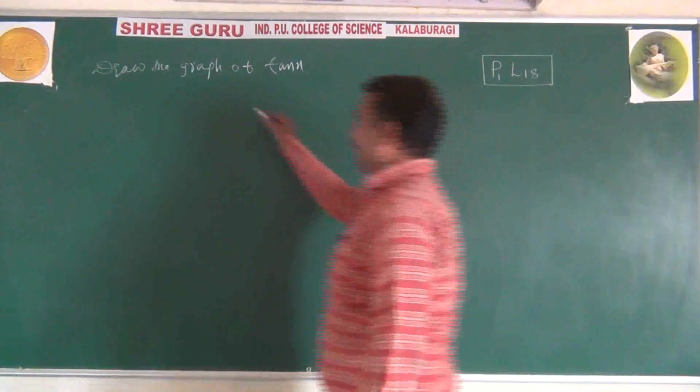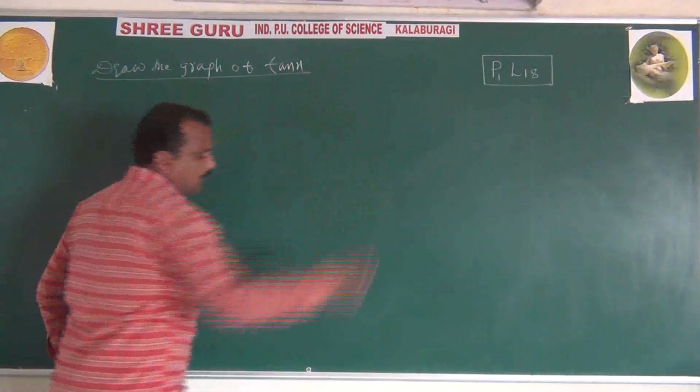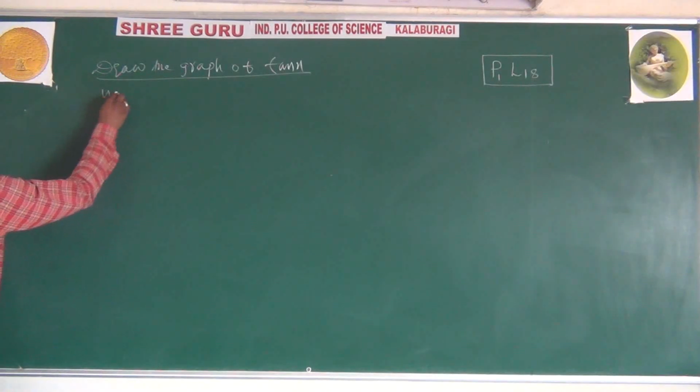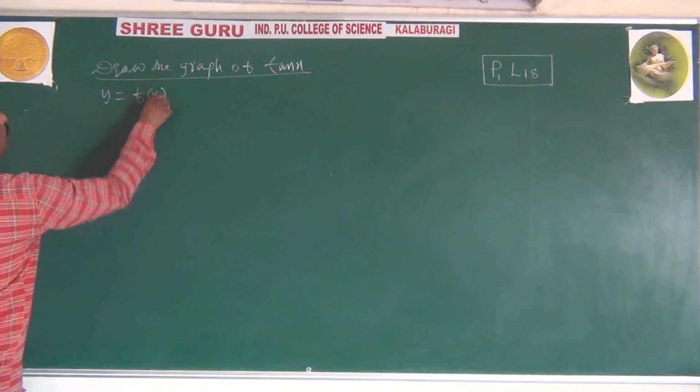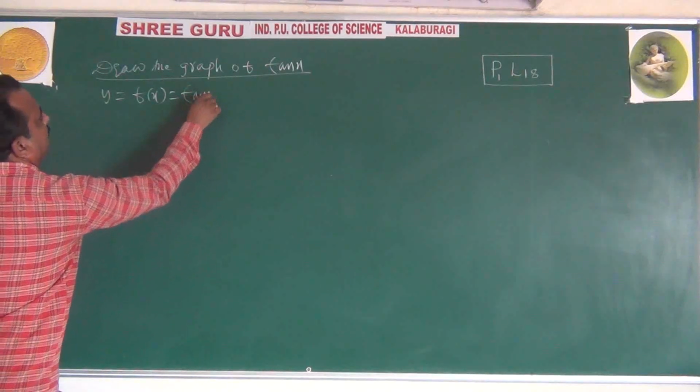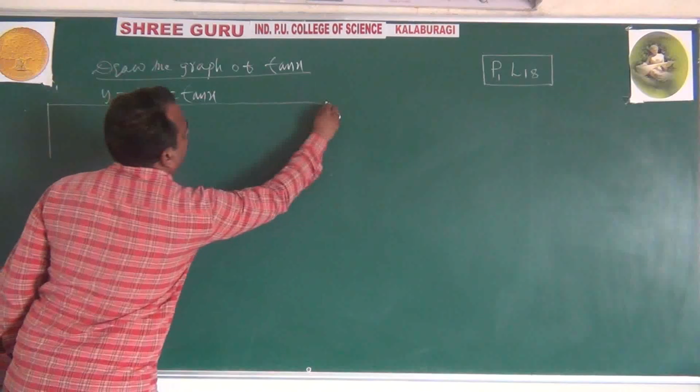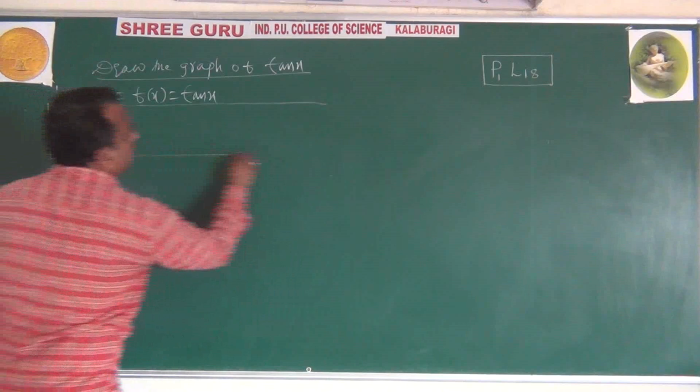Let us see, students. Tan x, same type. Let y equal f of x equal tan x. Here we will make the table as usual, as we have done for sin x and cos x.